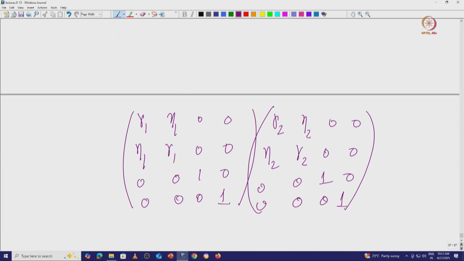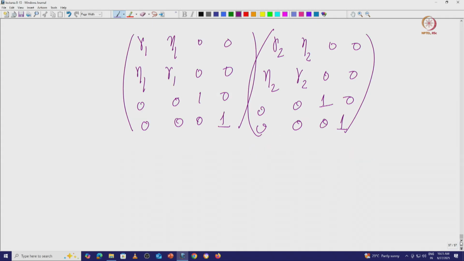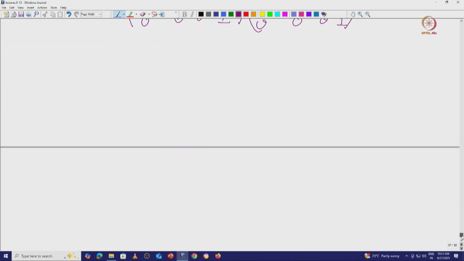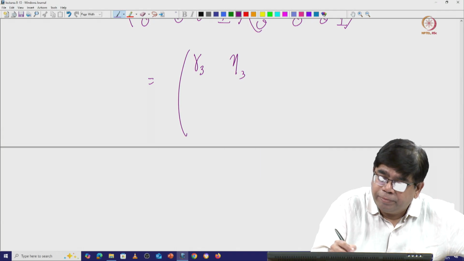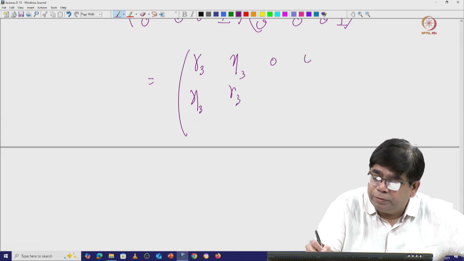You can multiply this and you can show that it has a form. You can explicitly do this exercise, and it has a form exactly again of some gamma 3 eta 3 eta 3 gamma 3. You have to use the velocity multiplication rule.